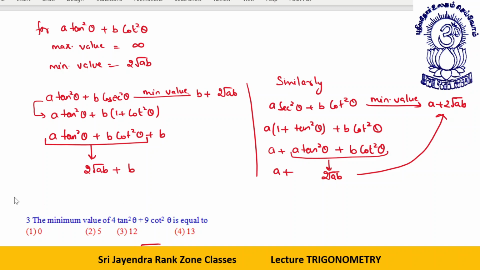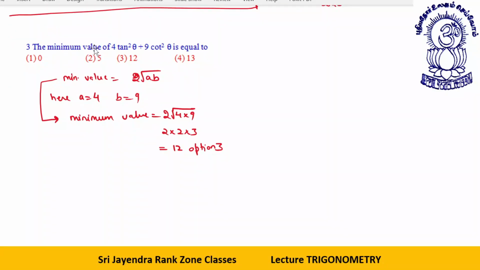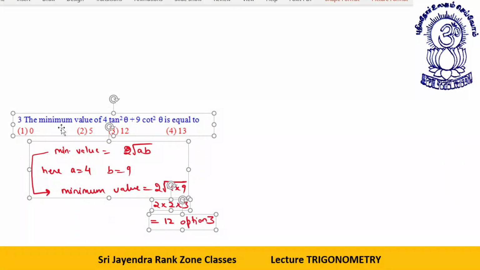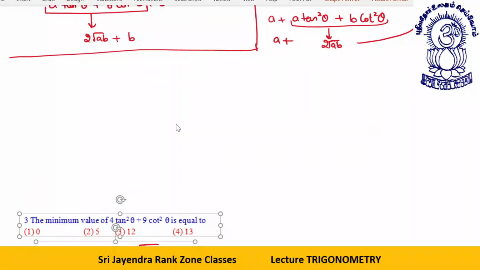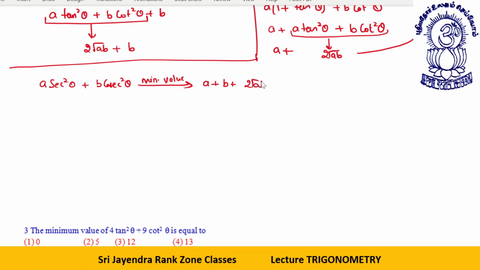Clear to all? The last thing I will say for this is, if you have an expression a sec square theta plus b cosec square theta, the minimum value for this is a plus b plus 2 root ab.